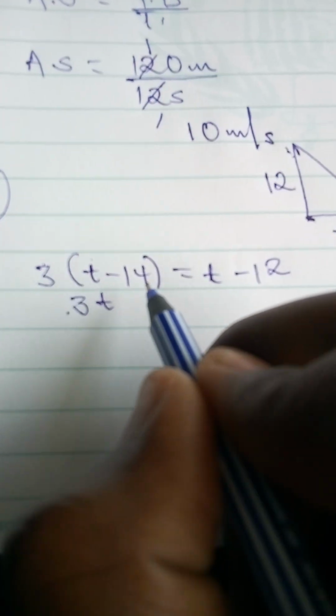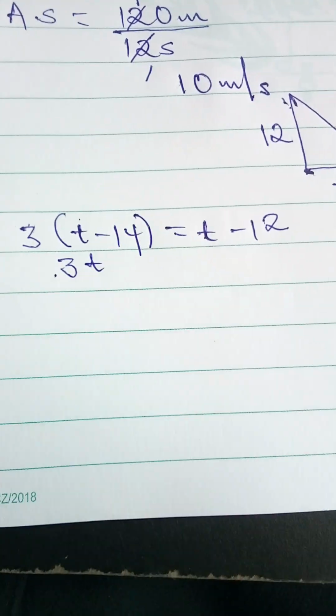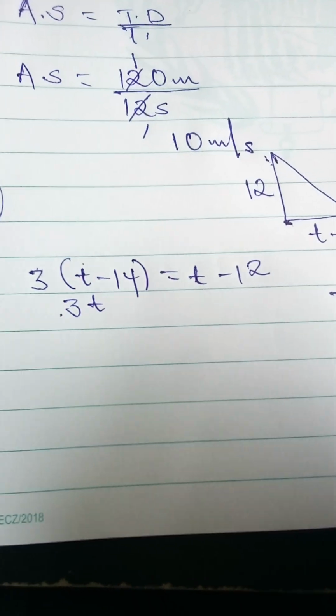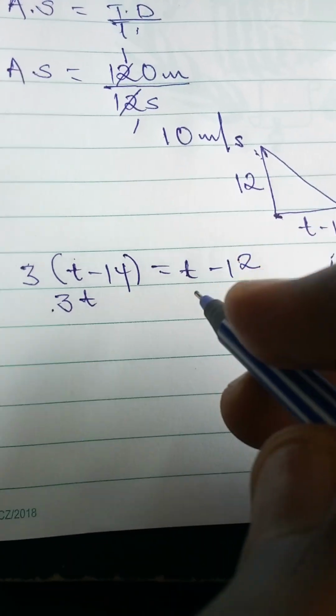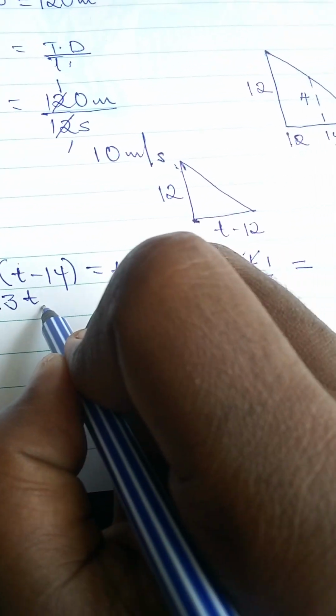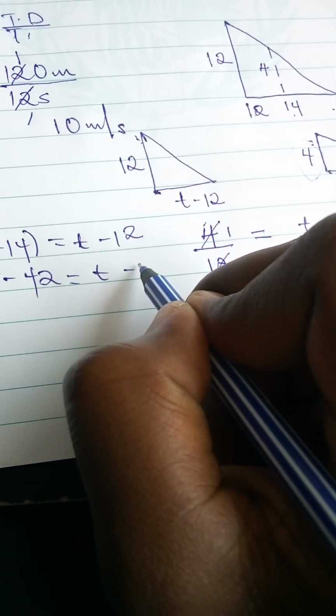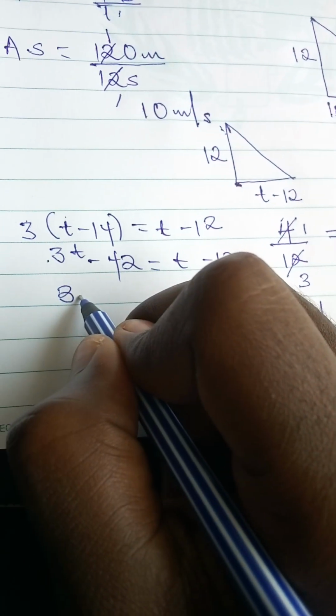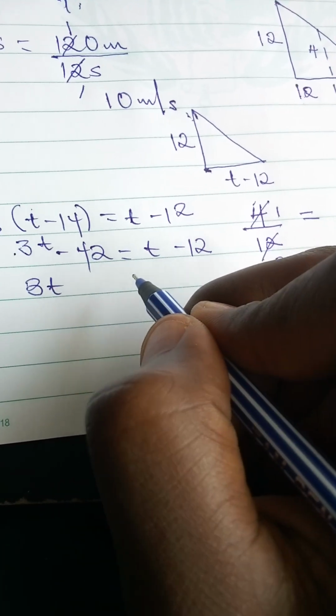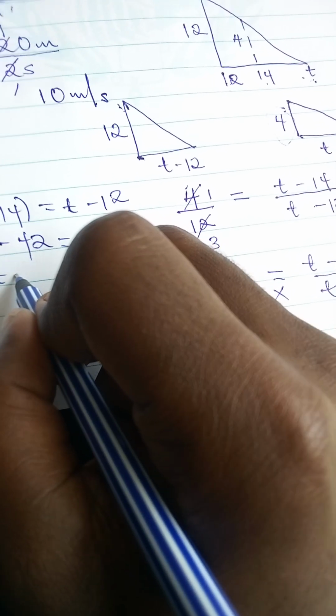So when you multiply 3 times t, you're having 3t, and then from there you have to multiply 3 times negative 14, which is negative 42, is equal to t minus 12. From there just collect like terms, 3t, and then when that t crosses the equal sign to become negative t, it is equal to negative 12 plus 42.